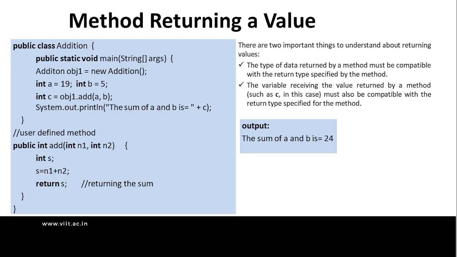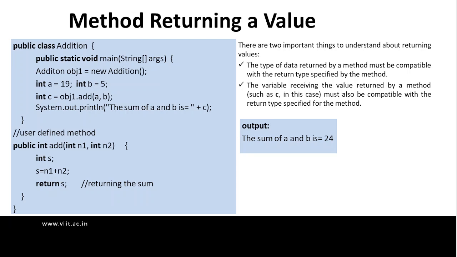Then methods returning a value. So far we are using void, but we can have a method returning a value also. Here if we take the example of addition, addition will return a value.